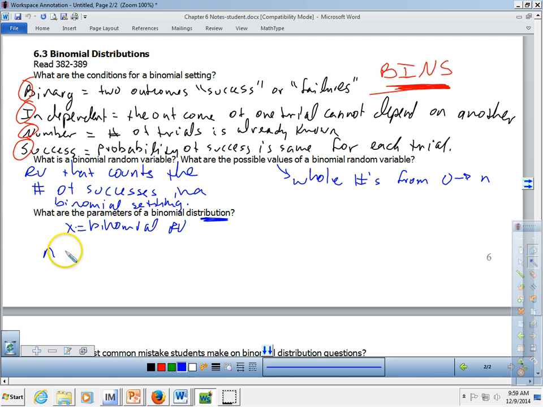So we'll denote n as the number of trials. And then the second half of a probability distribution is the probability of success, right? So P, this is your probability of success.